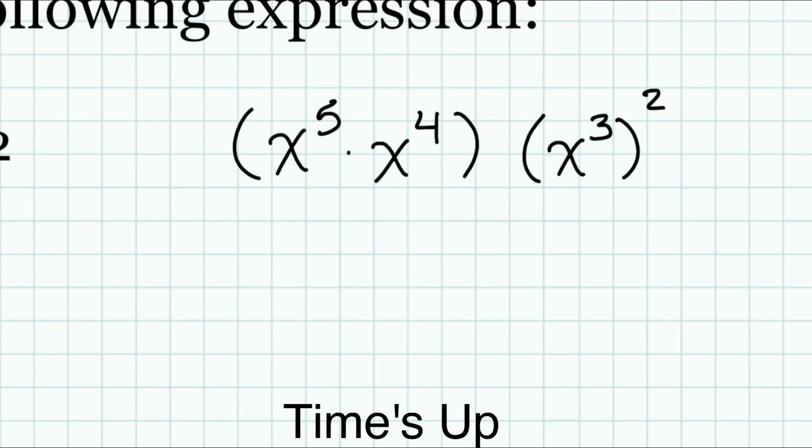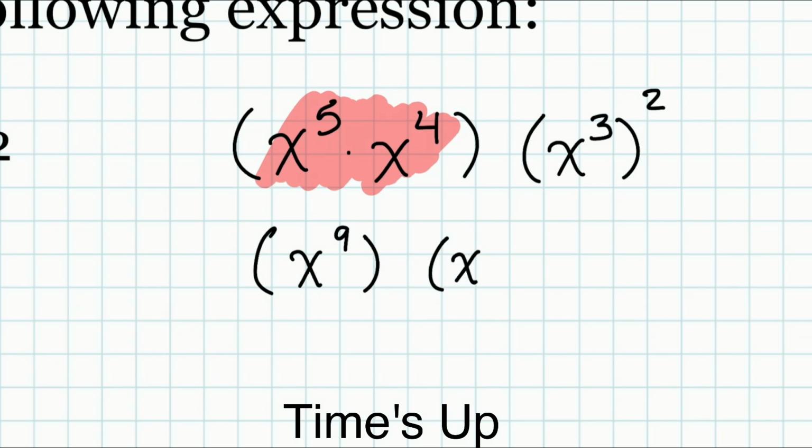So with that said, everybody, we can take care of this first. Let me just highlight this over here. We'll take care of that first. Everybody, x to the power of 5 times x to the power of 4 will be what? Yeah, x to the power of 9. So there we go. We have that, my party people. And then we still have the x to the power of 3 to the power of 2.